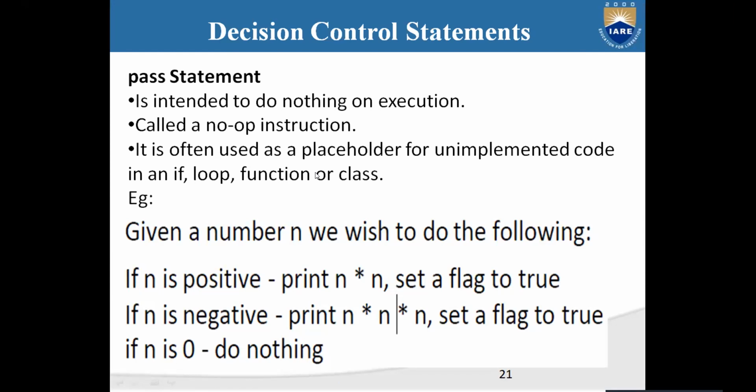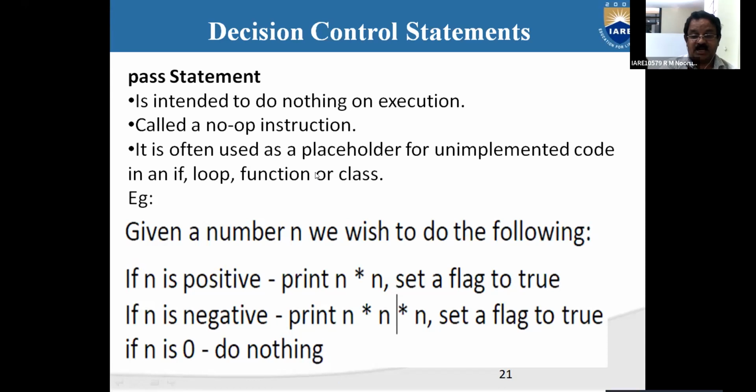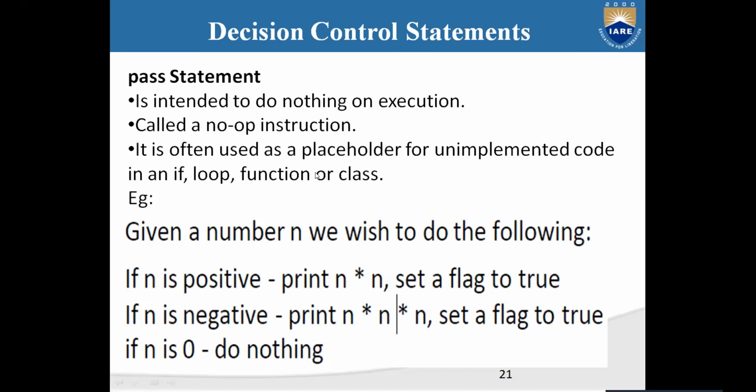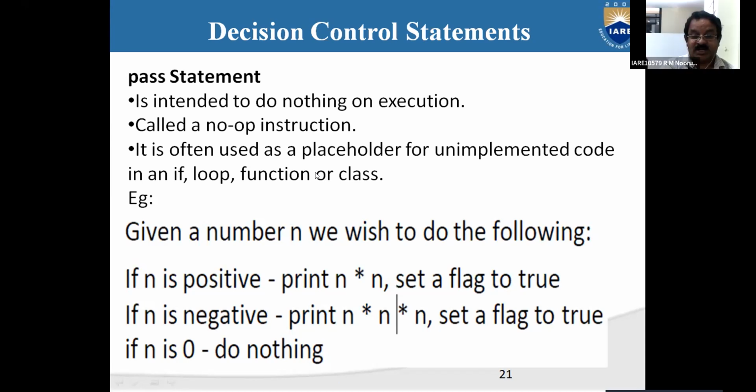The compiler or interpreter totally ignores that statement. Whereas the pass statement is not ignored by the compiler or interpreter. It will take that statement but do nothing. It will consider the instruction you have written, but it's not going to execute anything.